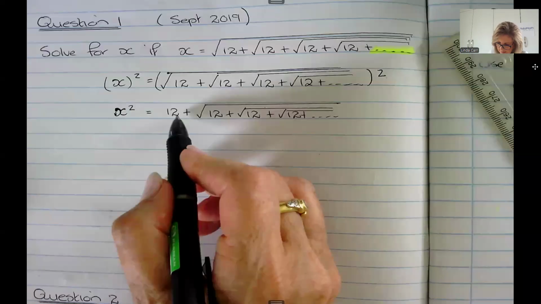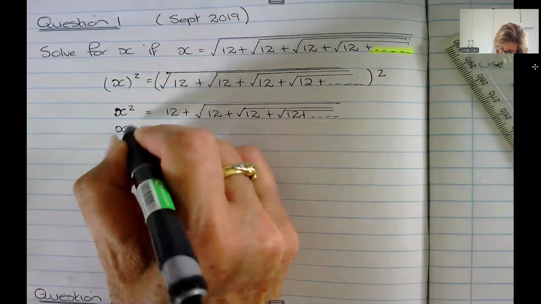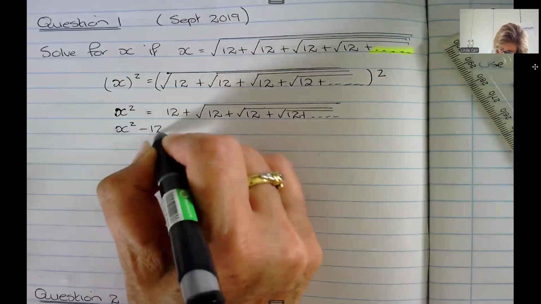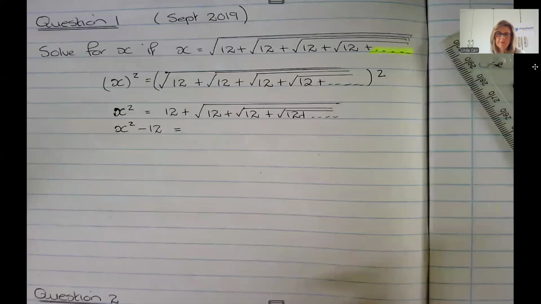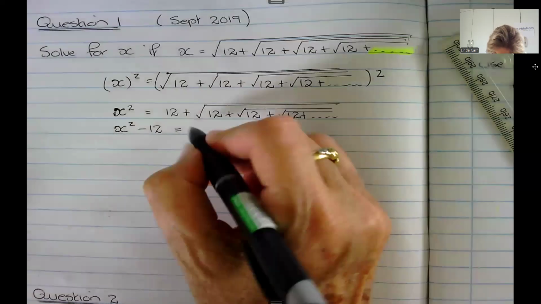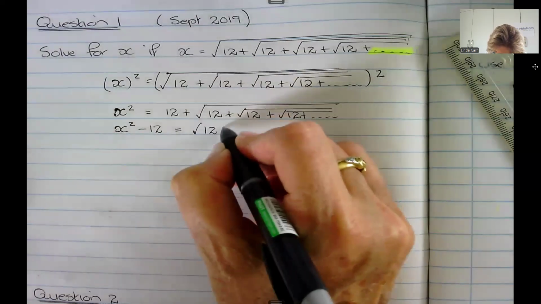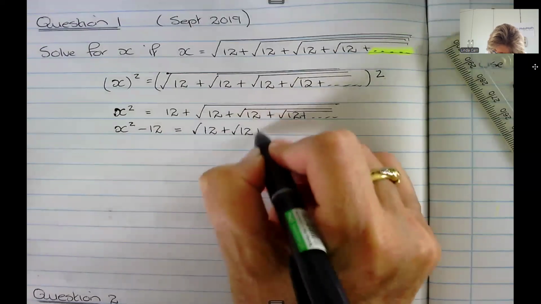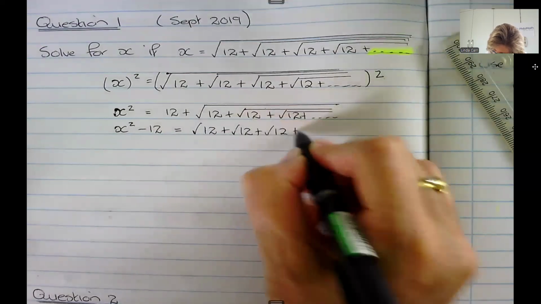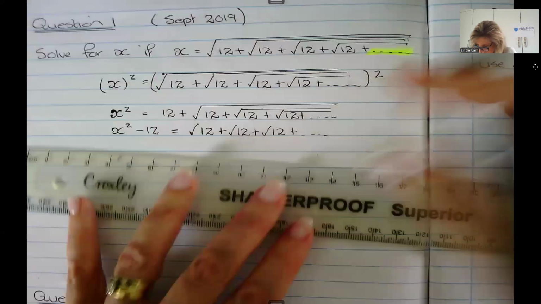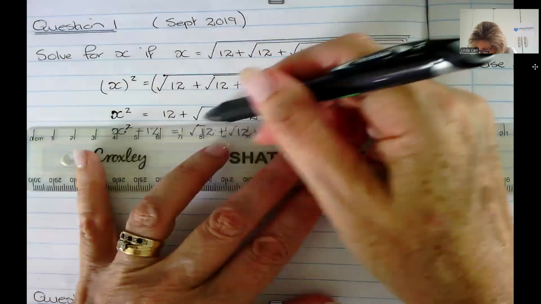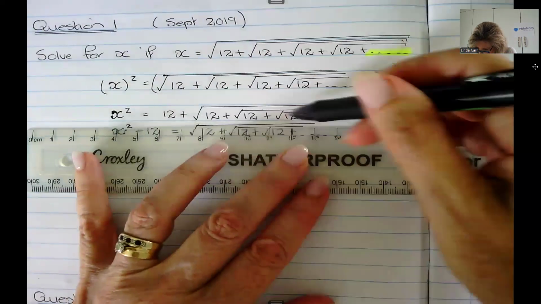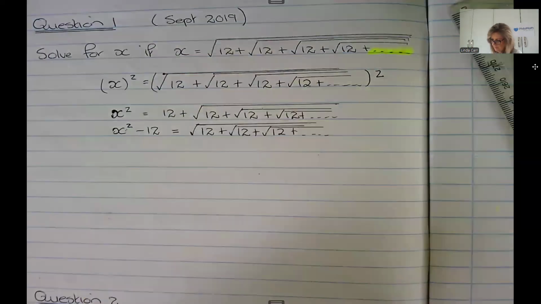First of all, I can take the 12 and subtract it on both sides. The other good news is what I'm left with. You can definitely get tired of doing these square roots over and over again.